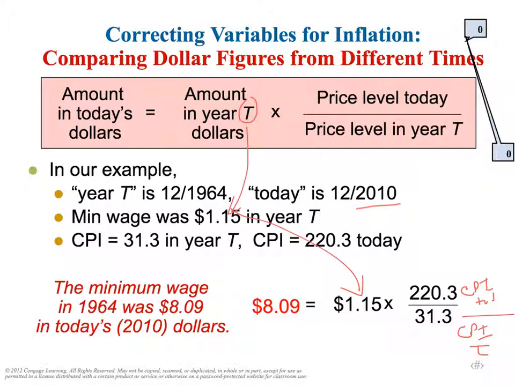And what we see, once we do the calculations, is that $1.15 in 1964 is really worth $8.09 in 2010. So really, people are not making as much in 2010 as they were in 1964.